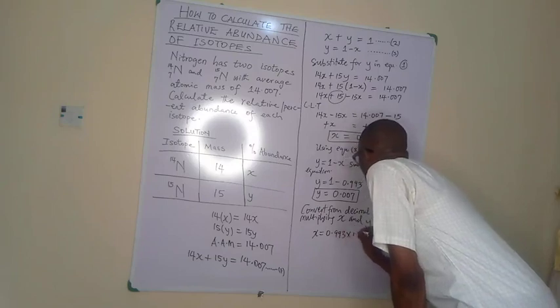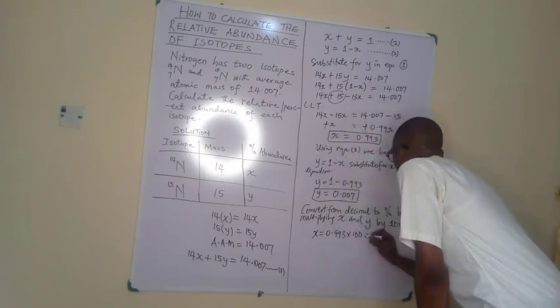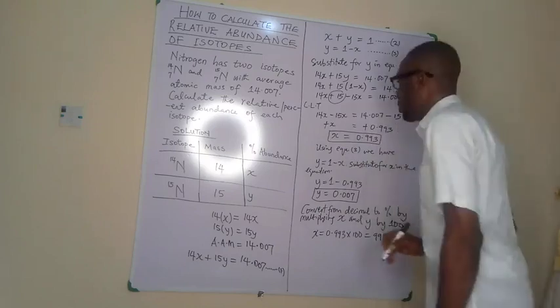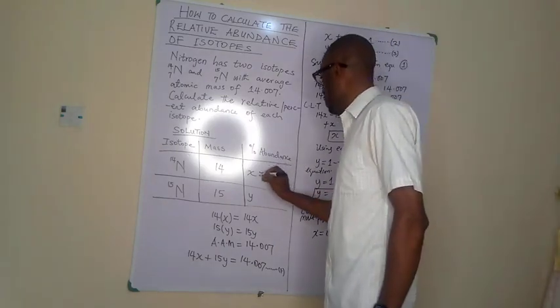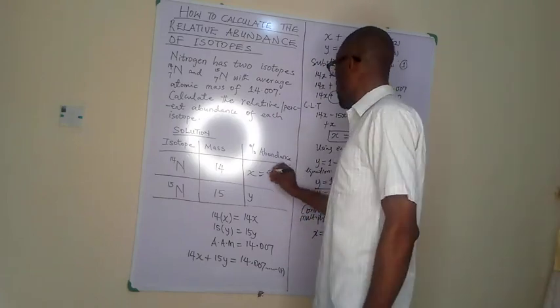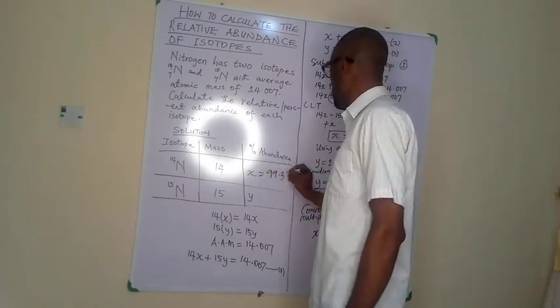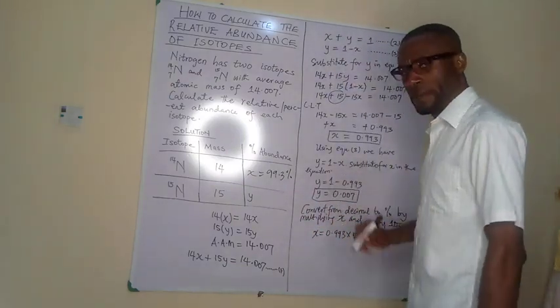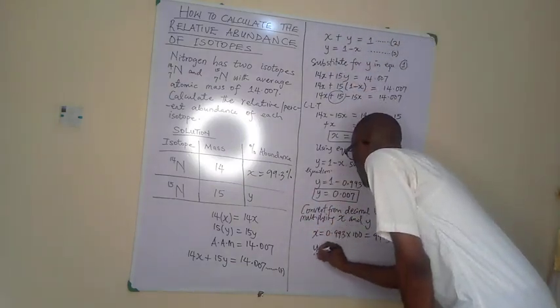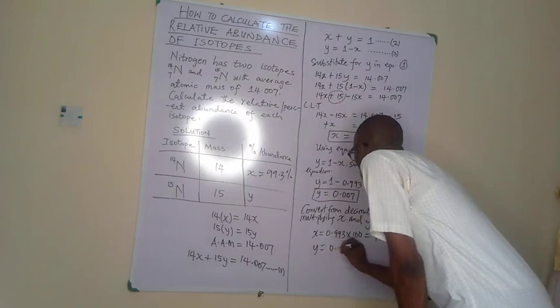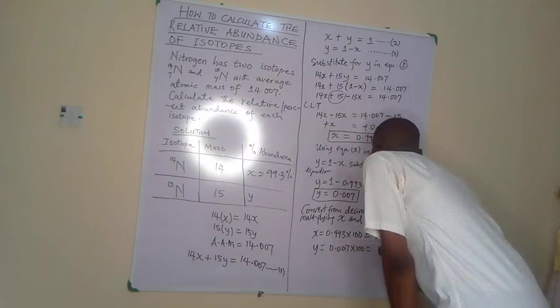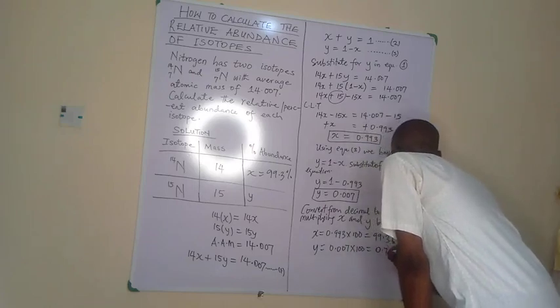So if that is the case, we now know that x is equal to 0.993 multiplied by 100, which will give us 99.3%. So the value in percentage here is 99.3, of course, percent. To do the same for y, y is equal to 0.007 multiplied by 100, which is equal to 0.7%.